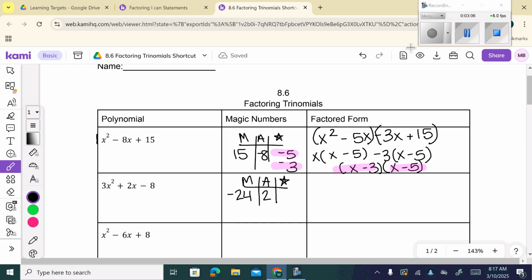Okay, don't yell it out. Just look at your blue sheet, and if you figure out what it is, write it down for me. Multiply to -24 and add to 2.